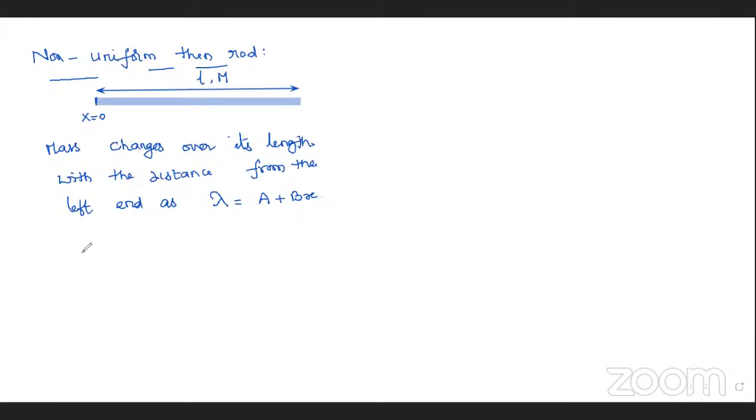Okay. Where lambda is, what is it, immediately you ask. Where lambda is the linear mass density. Who is this linear mass density, sir? Linear mass density means mass per unit length.